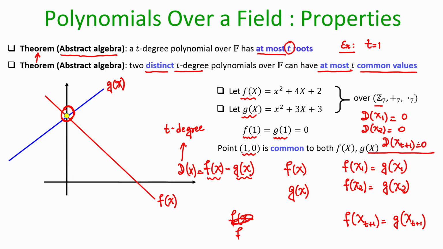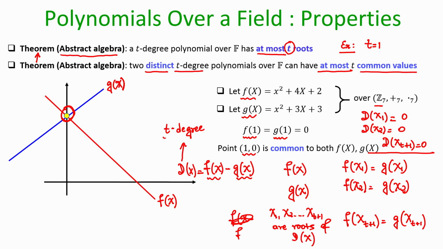That means, I get the conclusion that x 1, x 2 up to x t plus 1 are roots of the polynomial d of x.